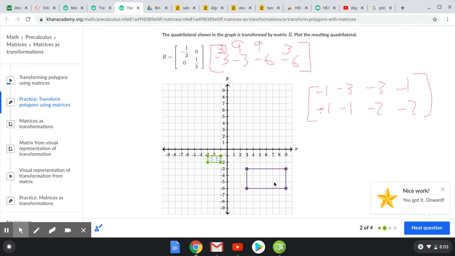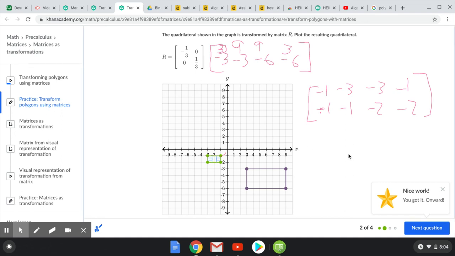So it's the same basic shape, but it's 1/3 the size that it was before. So that's some cool tricks that you can do with transformations. You can strategically pick what you want your transformation matrix to be in order to do interesting things with your shapes.